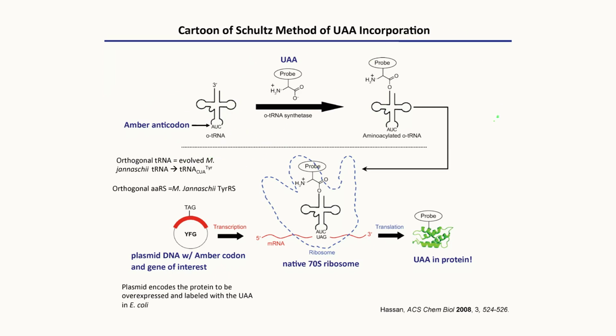So these give us this aminoacyl tRNA with the unnatural amino acid, and then that can be incorporated into the A site of the ribosome. So this is a case where we have a plasmid DNA. Here's the gene of interest in red, and somewhere in that gene, a stop codon has been placed to allow for incorporation of this unnatural amino acid somewhere within the polypeptide chain as shown here.